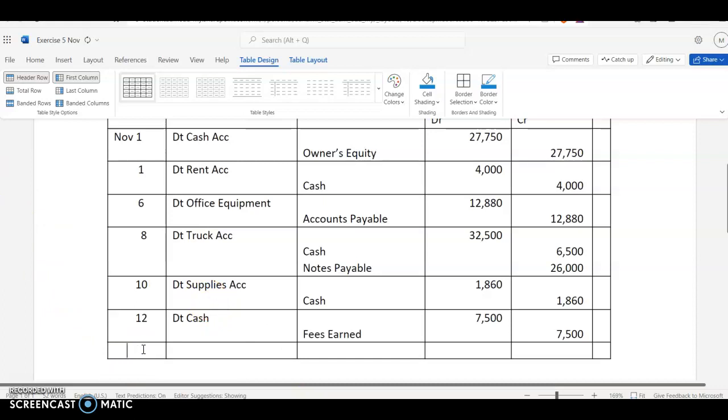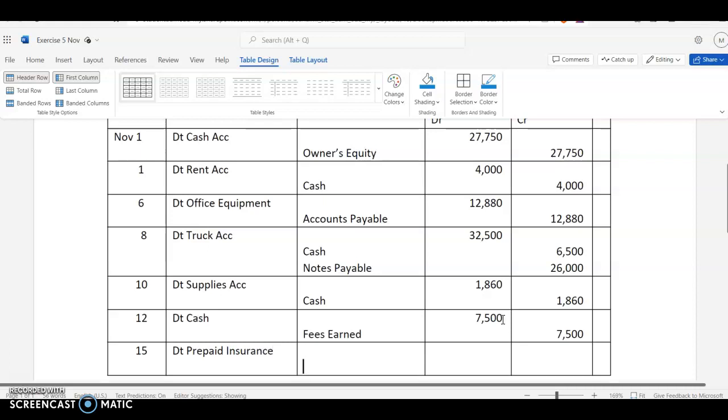November 15. Paid annual premium. Debit prepaid insurance. Okay, edit.